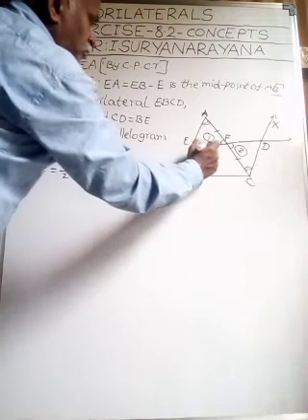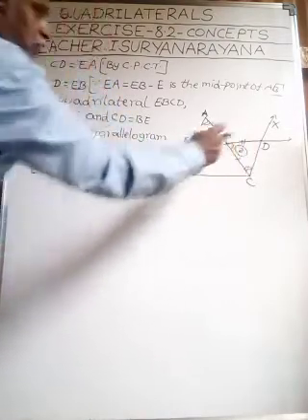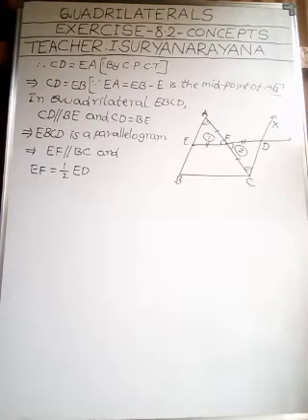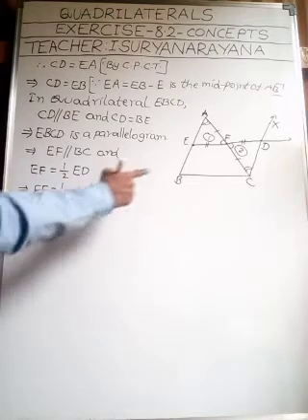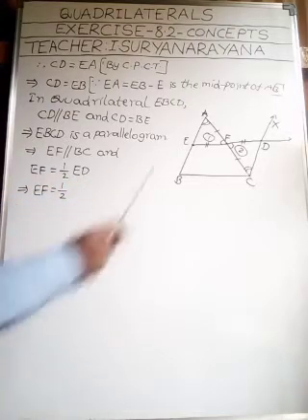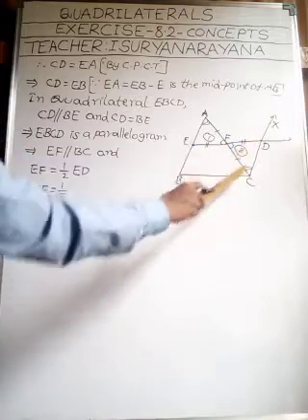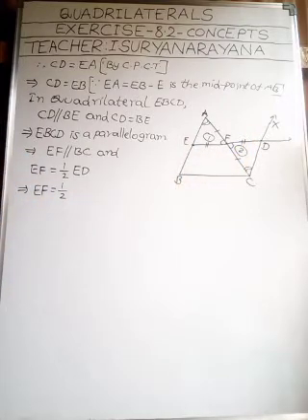Half of ED is nothing but BC, because this is a parallelogram and opposite sides are equal.